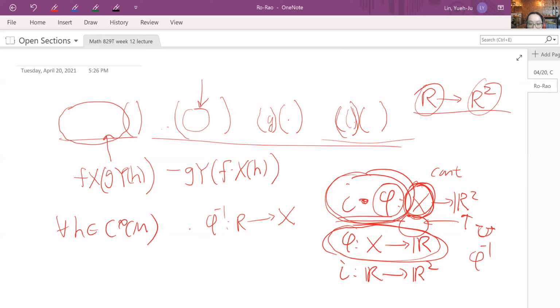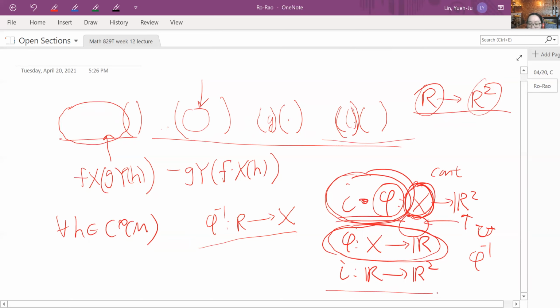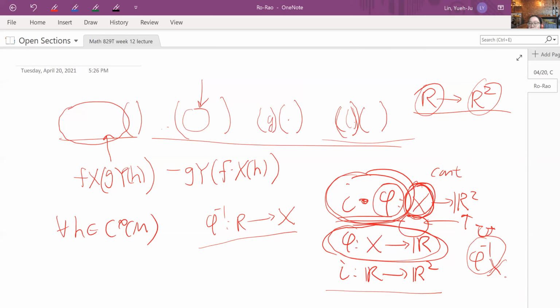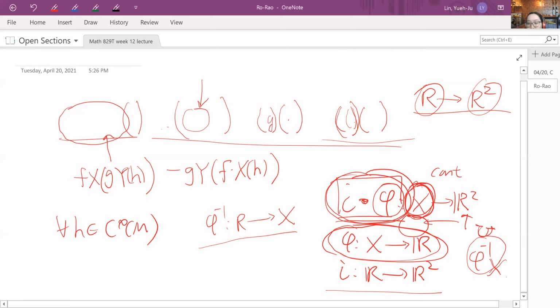I don't think you can do the inclusion with phi inverse, so that's why phi inverse will not work. So when you asked me last time, I was thinking about it, and I realized that using this way may not gain you any advantage. First, you will not be able to justify whether phi inverse is continuous or not. Second, even if you want to prove phi is continuous, it's essentially the same question.